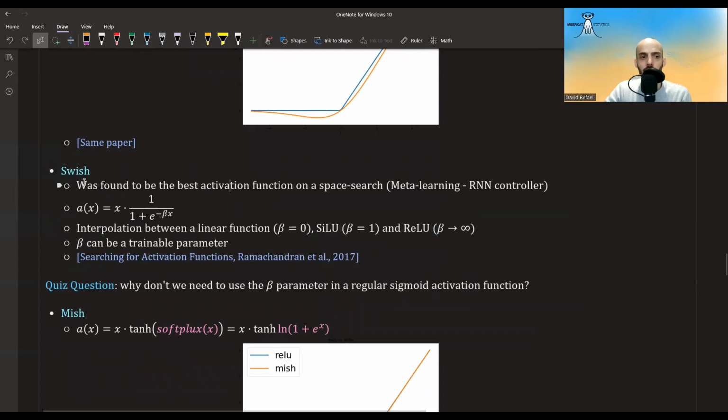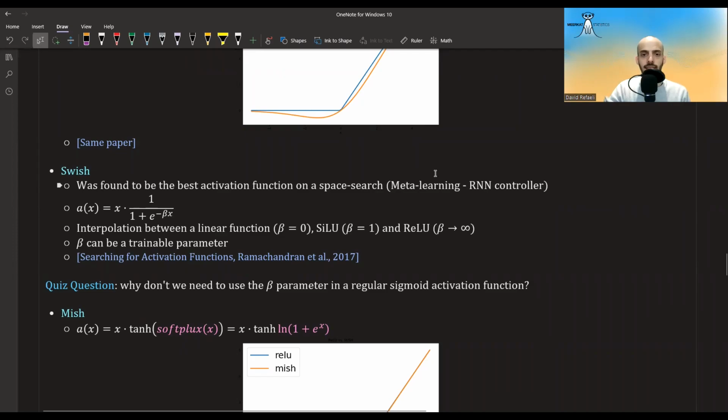Okay, and now we have another function called the Swish. This is interesting because this function was found using something called meta-learning. In meta-learning, we are trying to use machine learning or neural networks to discover the parameters of neural networks, or to discover the architecture of neural networks, or in this case, to discover the best activation function of a neural network.